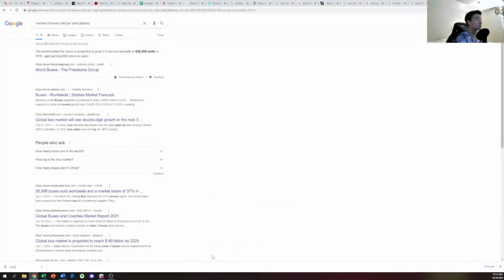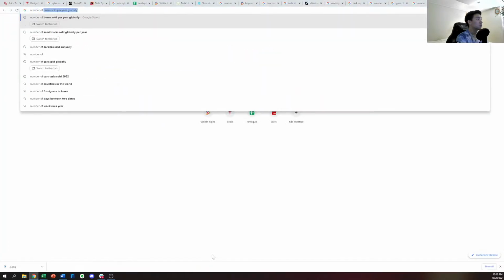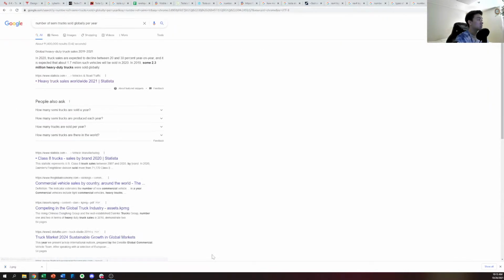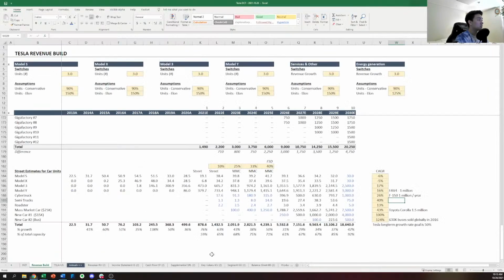So what was the number of semi trucks per year? Number of semi trucks globally sold per year, 2.3 million. So this is probably super small compared to, let's say if Tesla takes over the trucking industry globally, 500,000, no, I don't, 250,000.